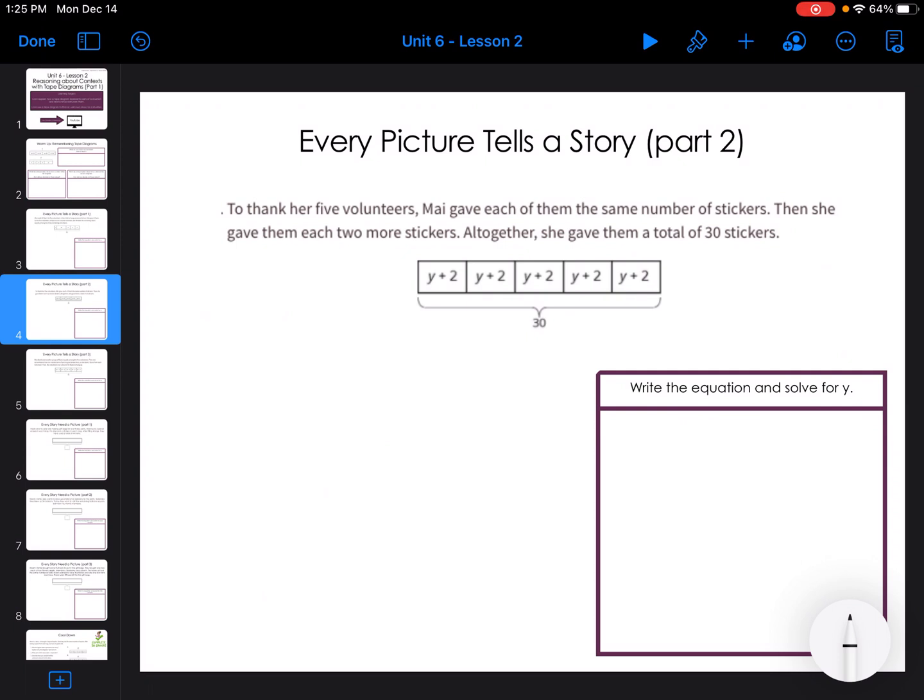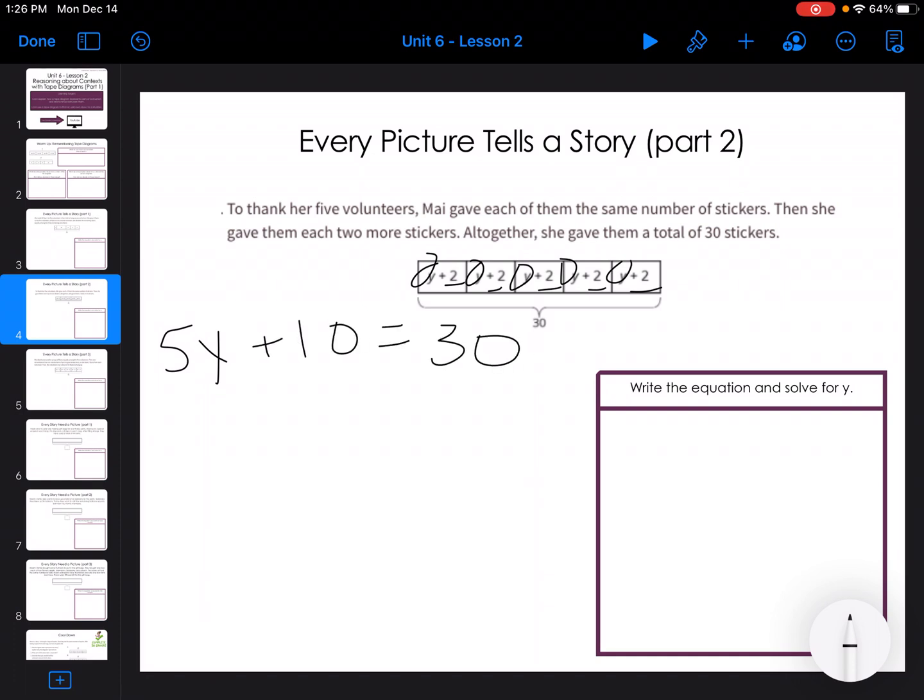All right, so now it says, to thank her 5 volunteers, Mai gave each of them the same number of stickers. Then she gave them each 2 more stickers. Altogether, she gave them a total of 30 stickers. Okay, so I have 1, 2, 3, 4, 5 Ys, and I have 1, 2, 3, 4, 5 groups of 2, so that's 10.